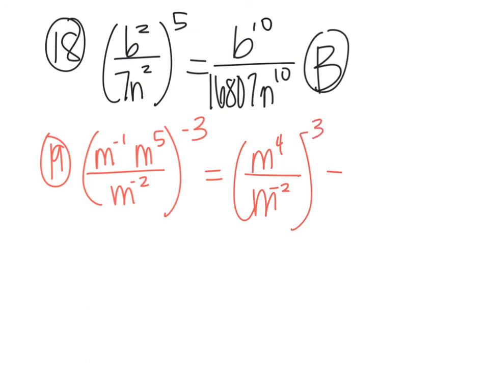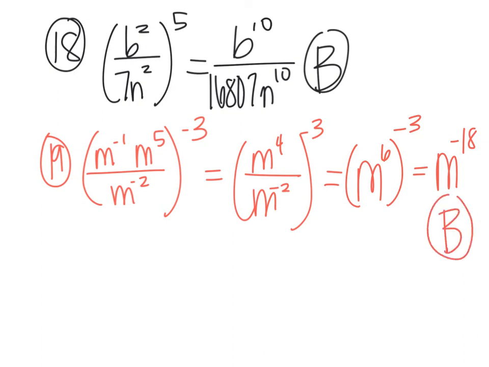And now I'm going to subtract these. So it's 4 minus negative 2, which is 4 plus 2, which is 6. So it's m to the 6th to the negative 3, which is m to the negative 18. And that is m to the 18th on the bottom, so that's B.